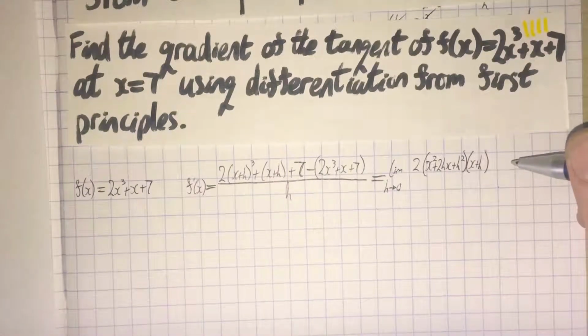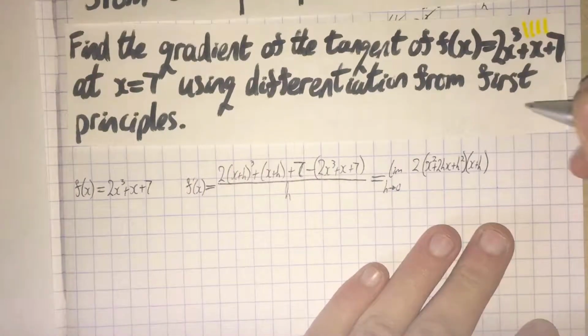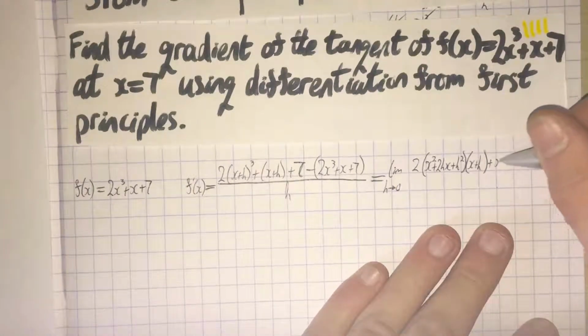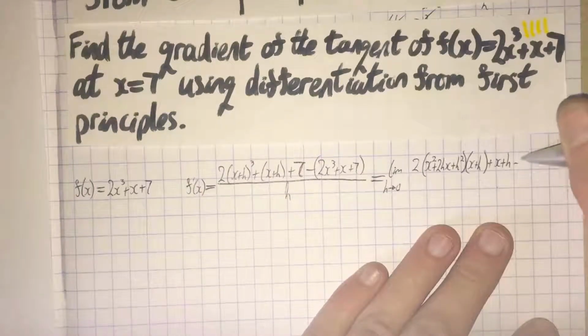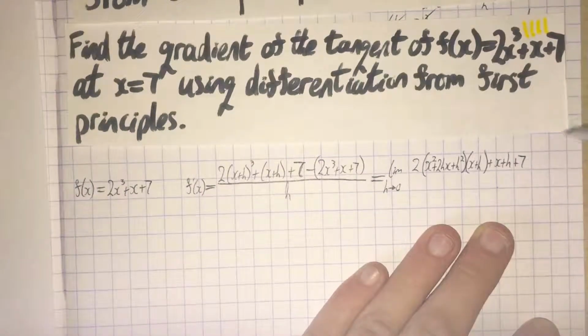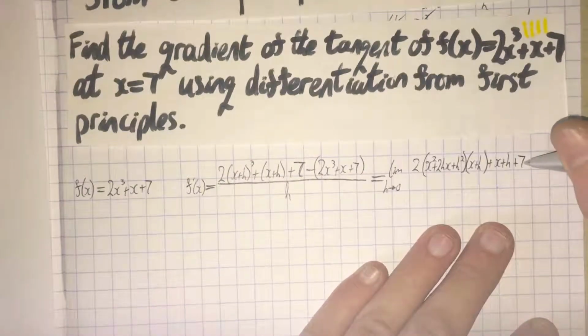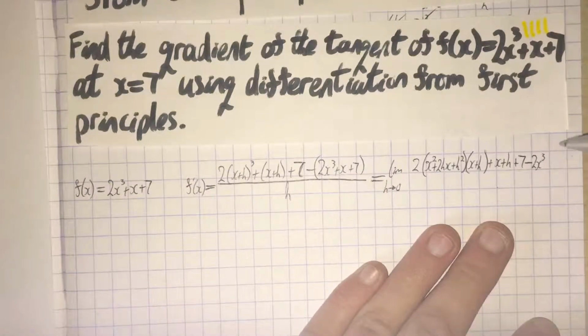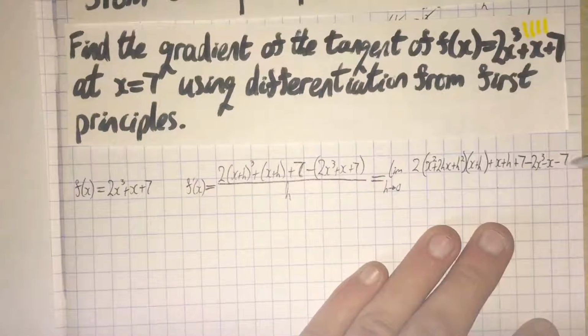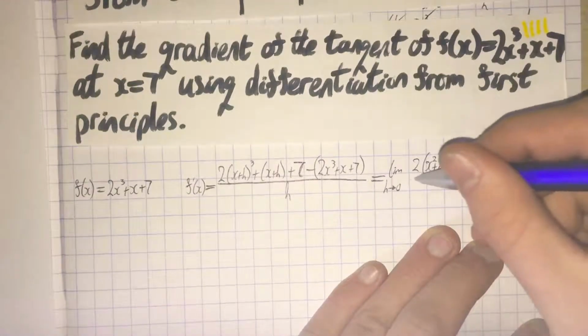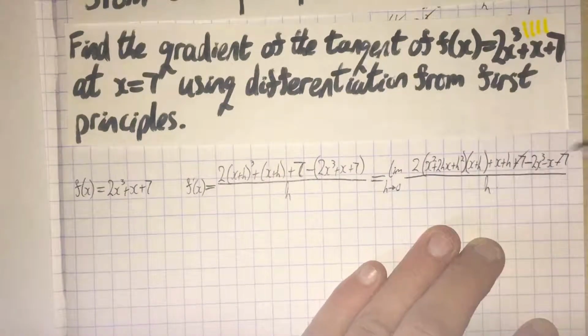Not x plus h cubed, but all of it cubed. Plus x plus h plus 7, minus 7 will come sooner rather than later. Minus 2x cubed, nothing we can do with that yet. Minus x, minus 7. 7 cancel off, all over h, of course.